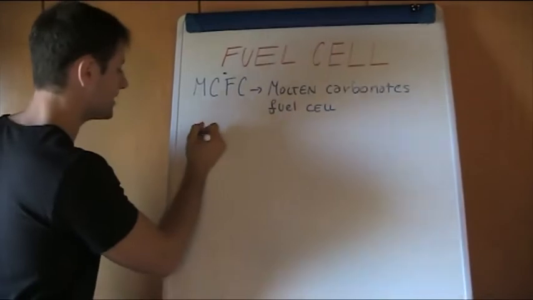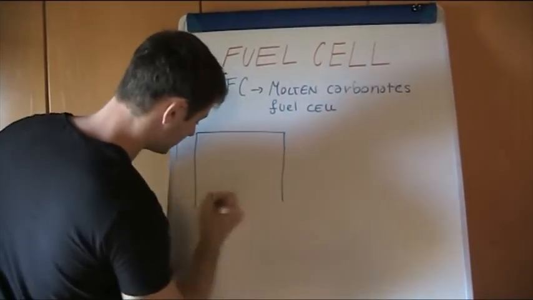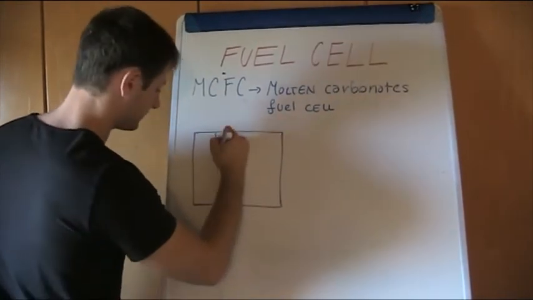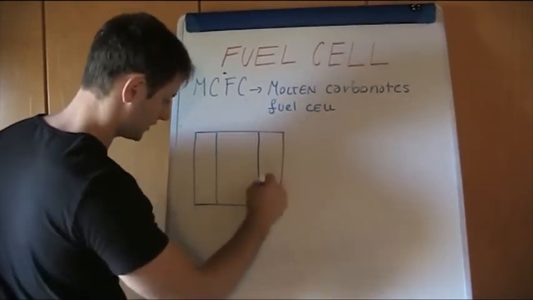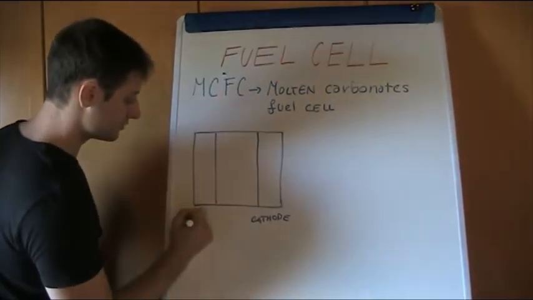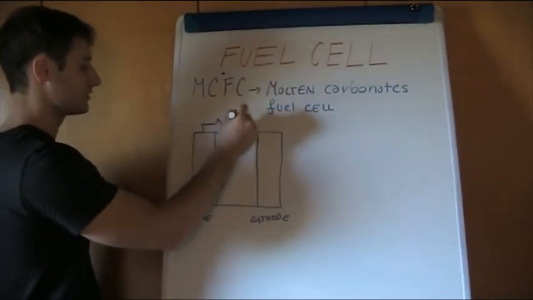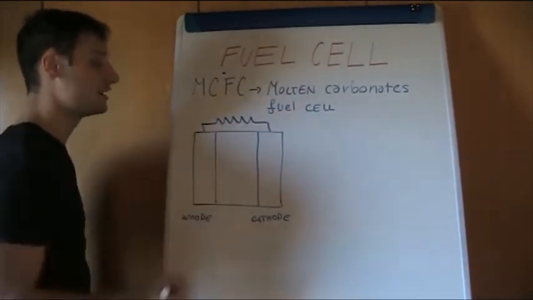So also in this case, we can define a structure that is quite similar to the one previously seen. So we have our anode, our cathode, the external circuit, and the solid electrolyte.